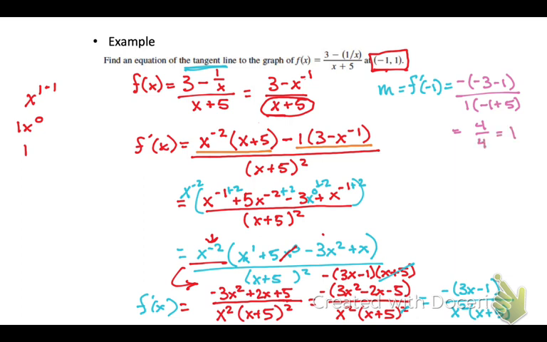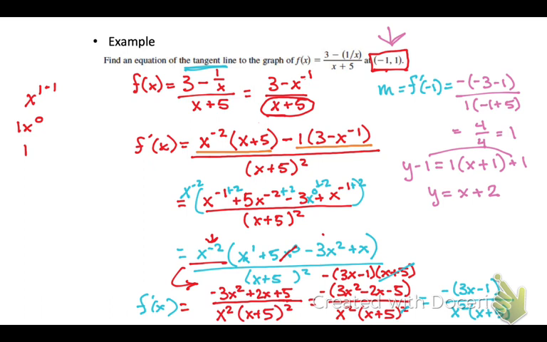So there's my slope, and I have a point. So y minus y1 equals slope times x minus x1. So it'd be plus 1. So add 1, so y equals x plus 2. Is that what you get? 1 times 1 is 1, plus 1 is 2.